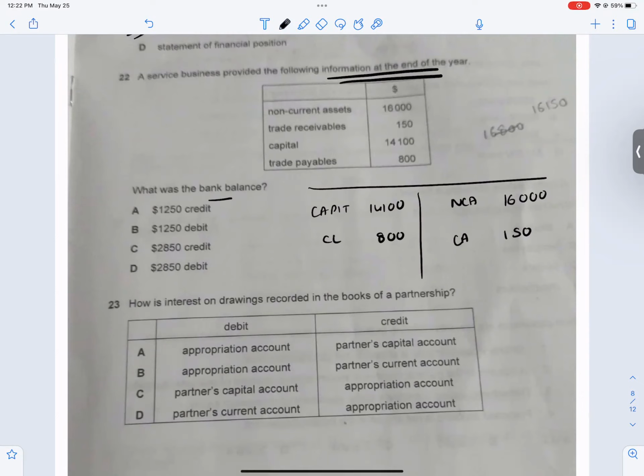Miss, I didn't understand. Non-current assets is always debited, so I'm making the balance sheet. I write the asset side here and the liability side. What is the bank balance? Come on, tell me. I'll tell you, one second.